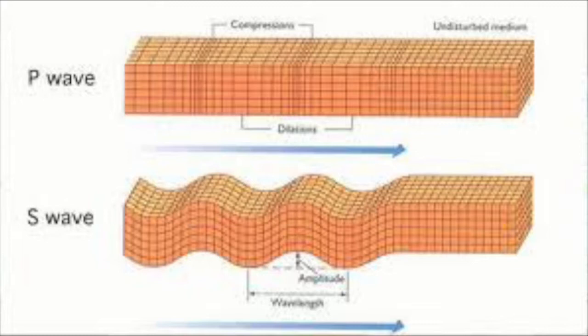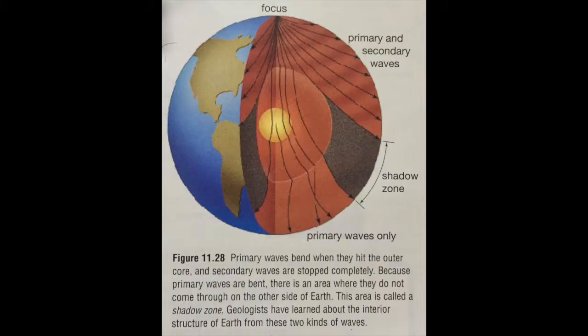Therefore, we can hypothesize that Earth's center must be liquid. Both P and S waves actually change their speed and direction as they travel into the interior of Earth. Scientists have constructed a model of the interior based on the information from these seismic waves. See figure 11.28.